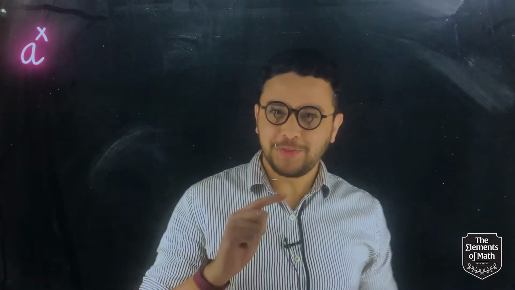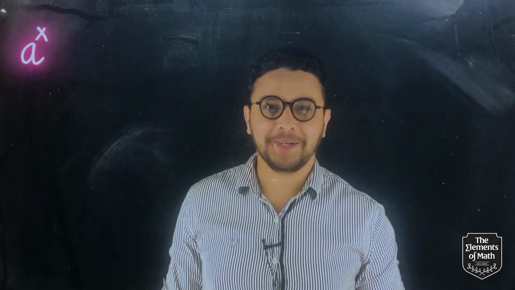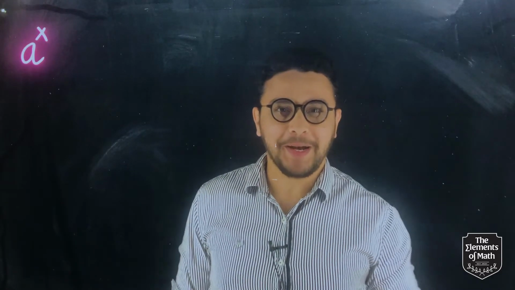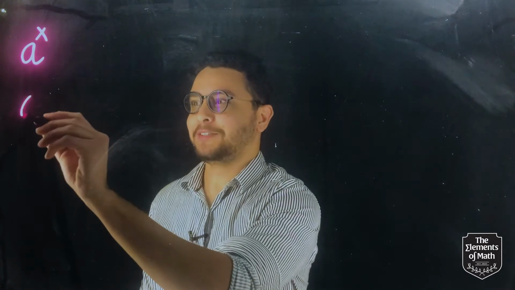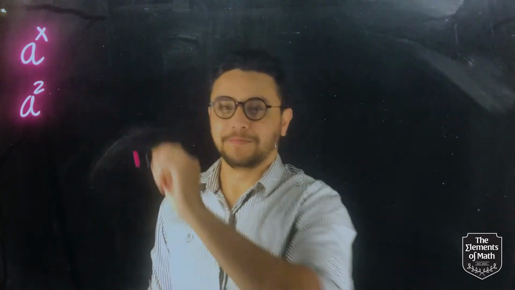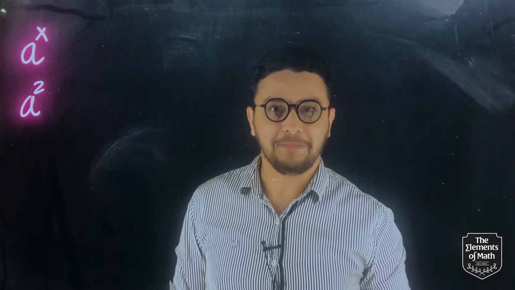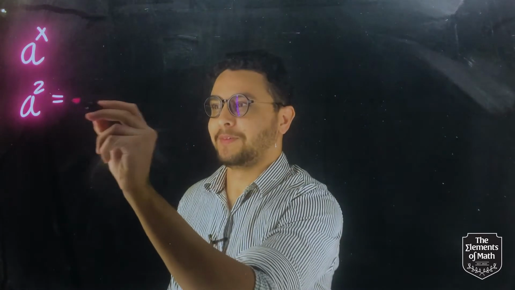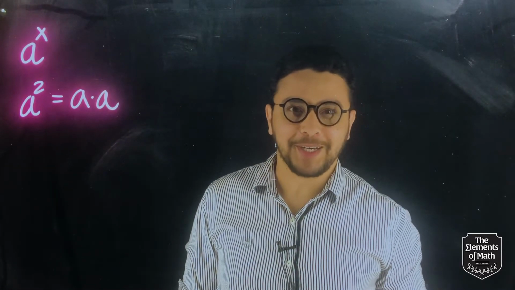So now, let's take a look at a to the power x again, in a general situation. But now let's think that our exponent is a natural number. Any natural number, tell me one. Okay, maybe 2. So what does it mean when I have a to the power 2? It means I have to multiply a by itself. It means I have a times a.